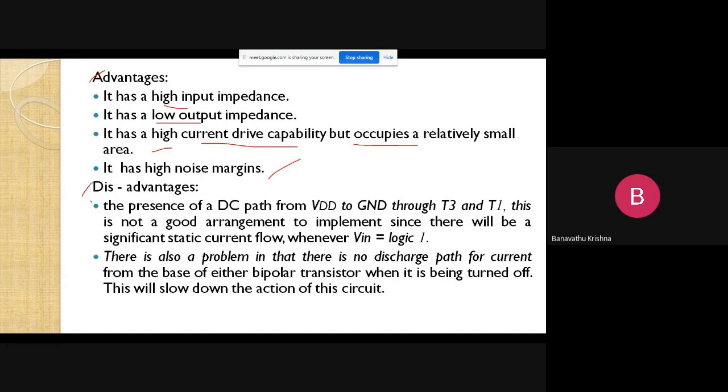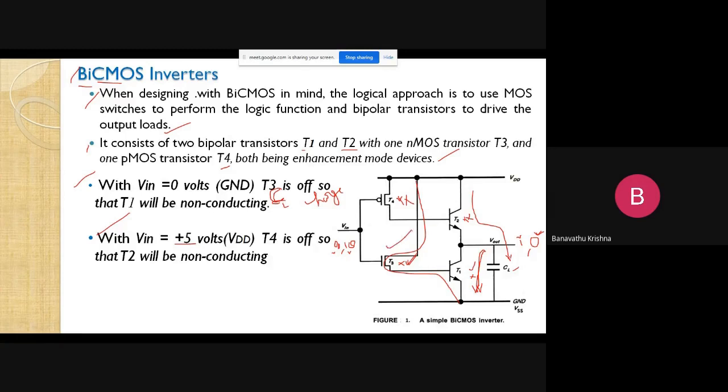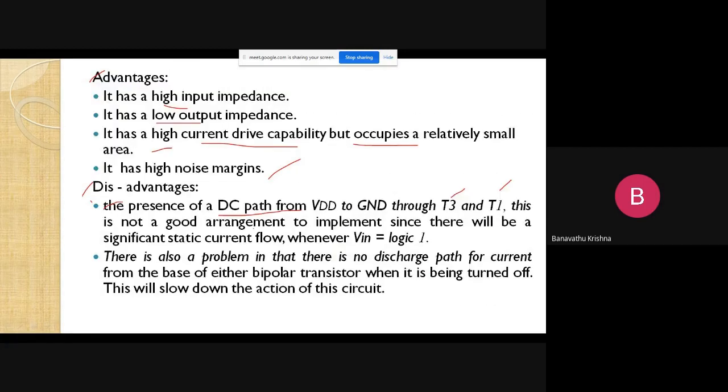The disadvantage is the presence of a DC path from VDD to ground through transistors T3 and T1. This is not a good arrangement, since a significant static current flows when the input is logic 1.